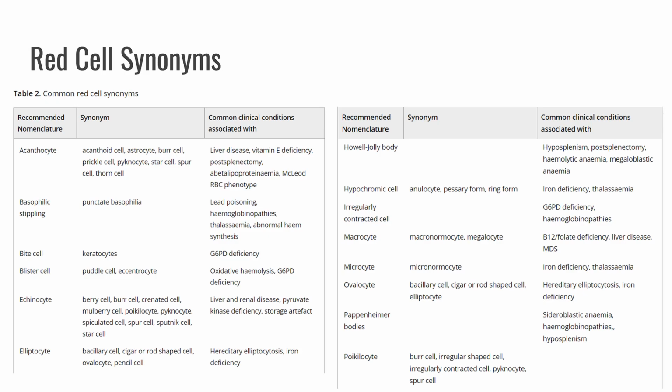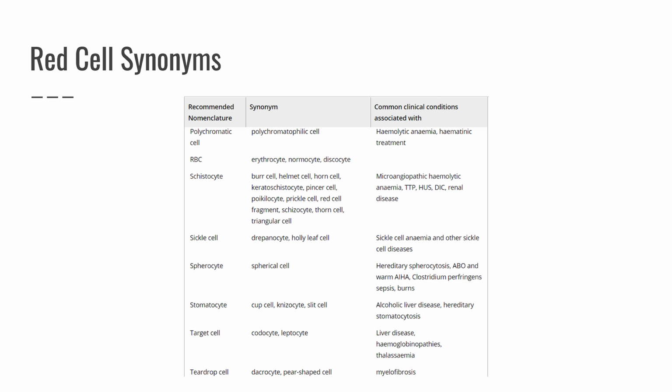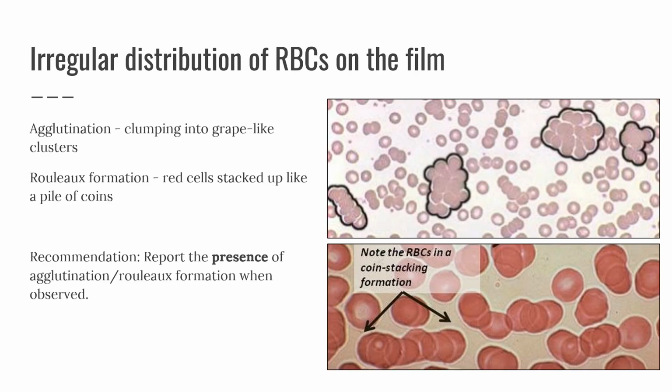Since the committee recognizes the presence of geographical or traditional differences in morphology nomenclature, this article also provides a table for common red cell synonyms. First, we discuss the irregular distribution of RBCs on the film.